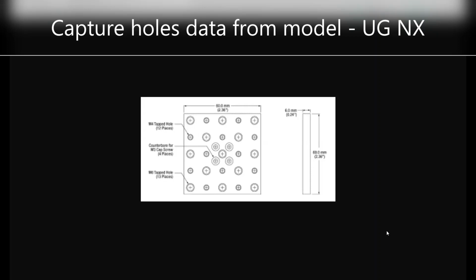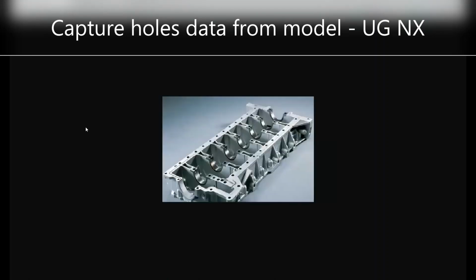There can be two different outcomes you might be looking for. One is just to get the number of holes. Another could be the number of holes along with their diameters. Another could be, if the component is like this, where there could be tapping holes, then you might want to extract the tapping information, whether it is M6, M8, M12, whatever.